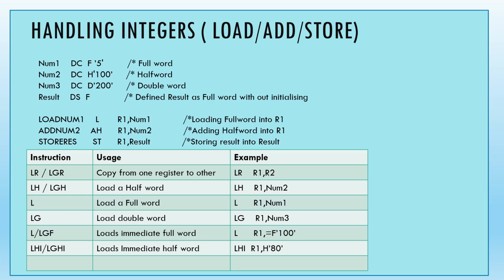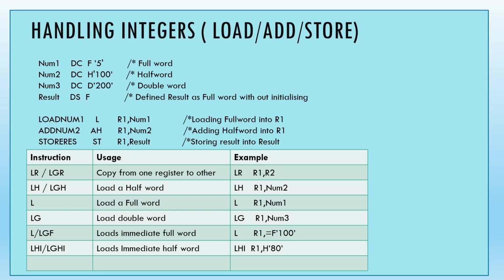Now we are storing this result back into a variable called result. So you are taking the value from R1. It works in the opposite direction. Whatever value is in R1 is going to get stored in result. Initially we said result is a full word and we didn't initialize it, so there is garbage there. Now 105 is getting stored in result.